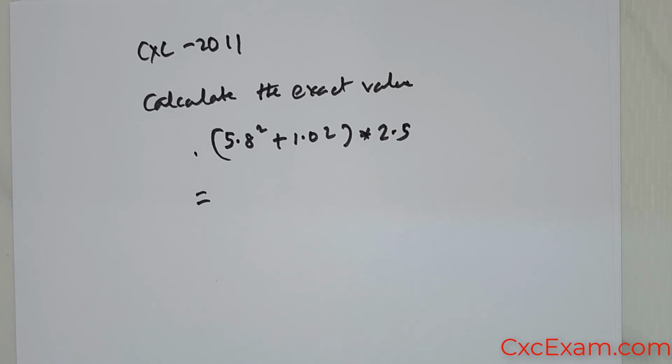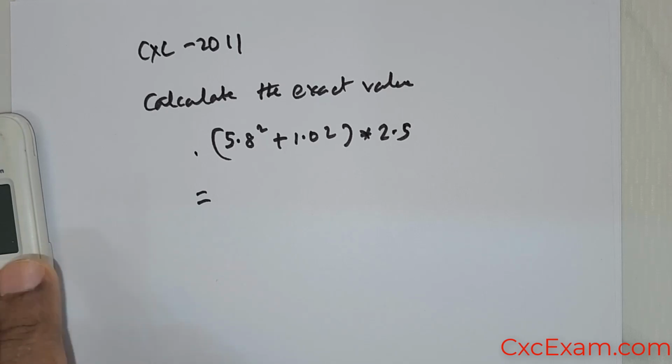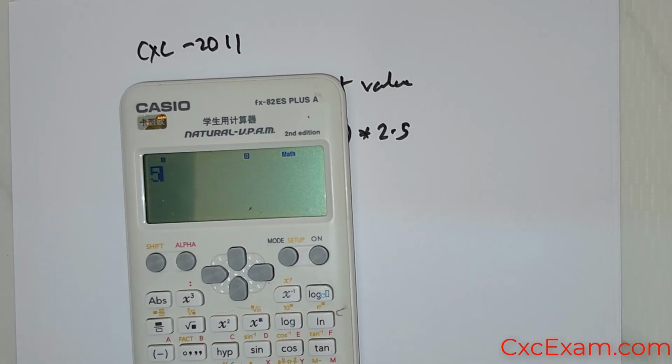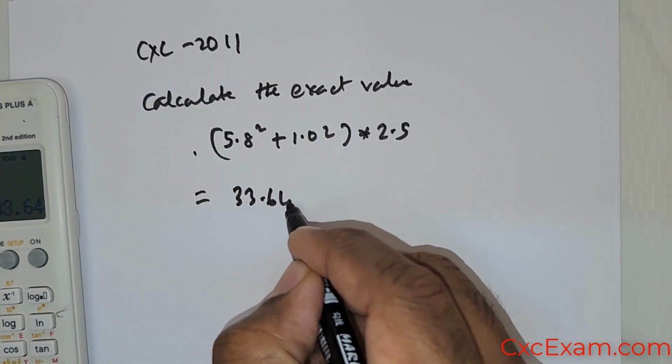So what I would do, you can simply state 5.8 squared, and that is giving you 33.64.